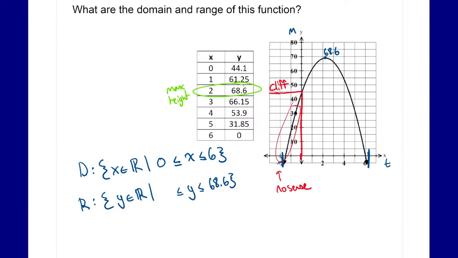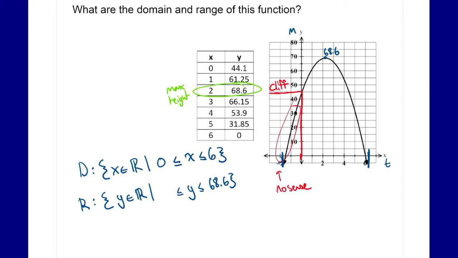Now we have to think about what's the lowest. We do have arrows on the end, but we have to remember what makes sense for this scenario. Can we have a negative height for our cannonball? Not really. You could argue that maybe the cannonball flies into the ground, but we're assuming it's staying relatively on the surface of the Earth. We're not going to get negative meters.